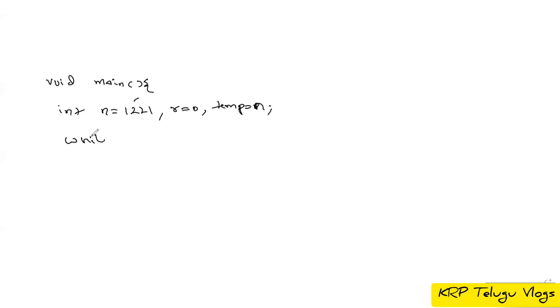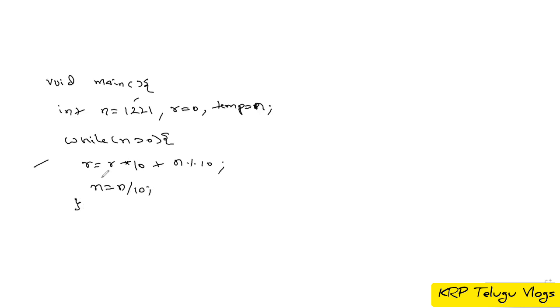So while n is greater than 0, r is equal to r into 10 plus n modulus of 10. Clear? Understood? This step is clear, right? Yes, sir. Okay. So n is equal to n divided by 10.